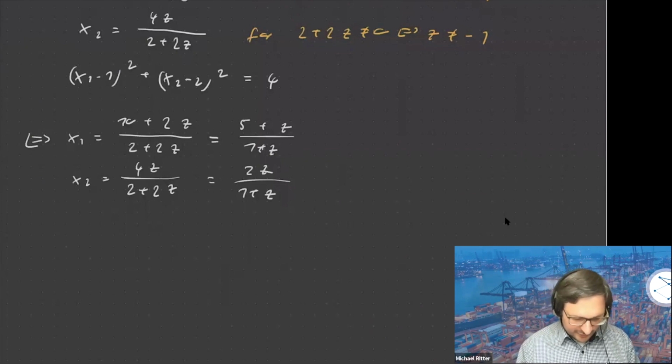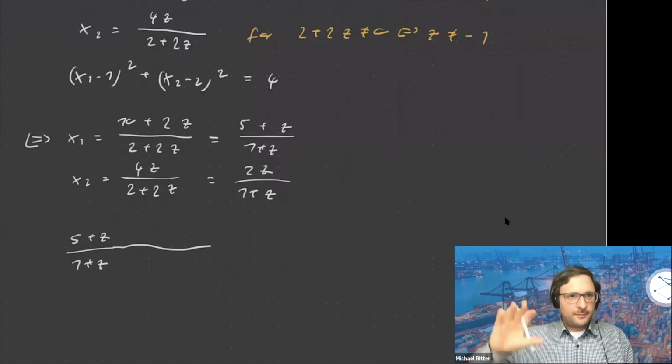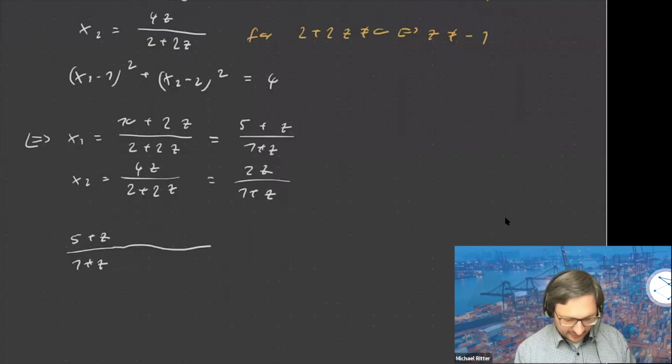So that means we have 5 plus z over 1 plus z minus 1. And if we bring that minus 1 onto the fraction, then that means we have a minus 1 minus z here.